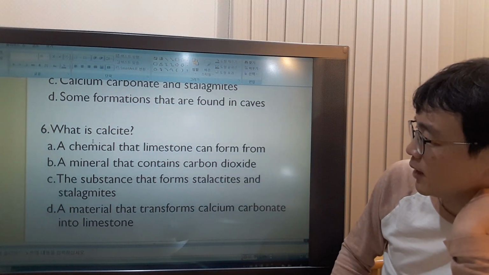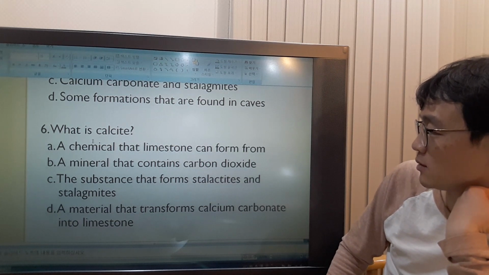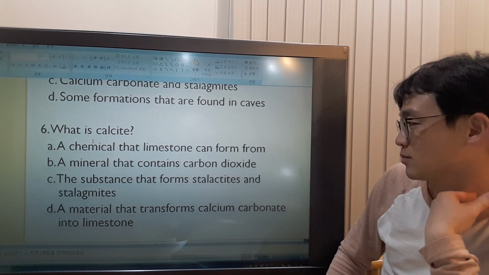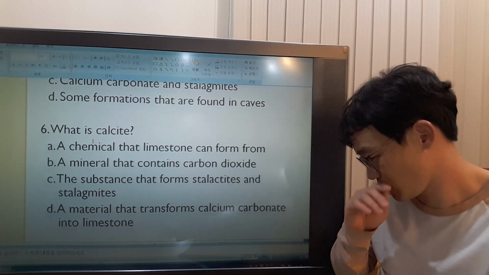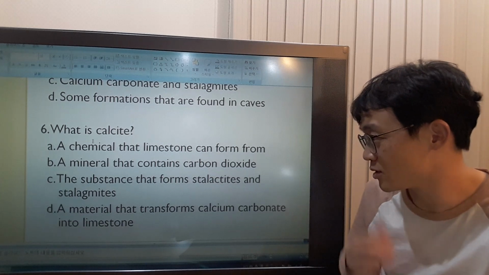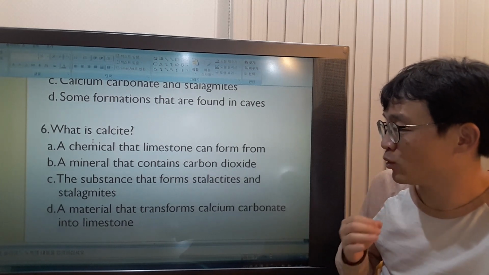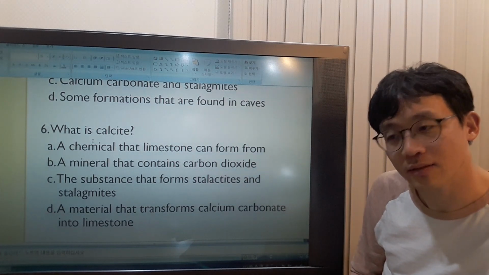Okay, a mineral that contains carbon dioxide. This can be partly true, but this is not what calcite was in the passage. You get that?